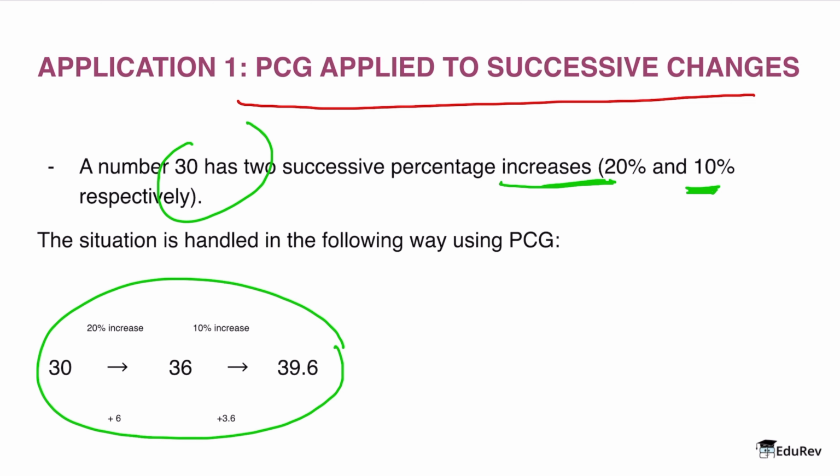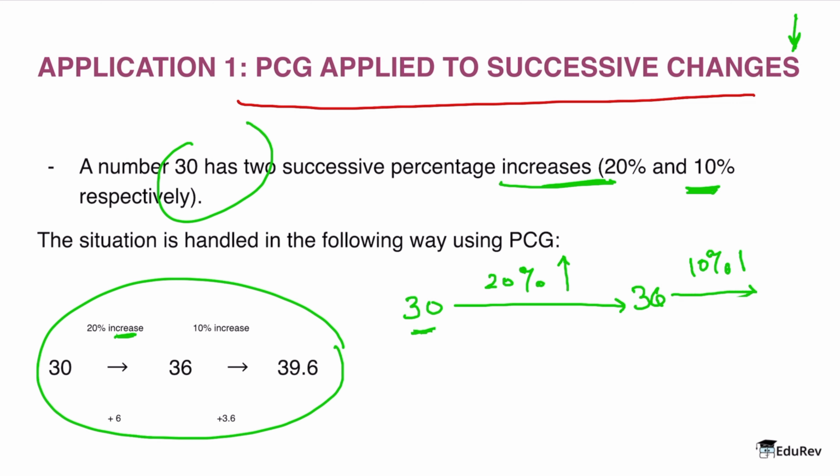Now this shows what? This shows that 30 was increased by 20% initially. Instead of writing increase, you can also show an upward arrow, and instead of writing decrease, you can also show a downward arrow. Okay. So 30 was increased by 20% to make it 36, and 36 was increased by 10% to make it what? 39.6.